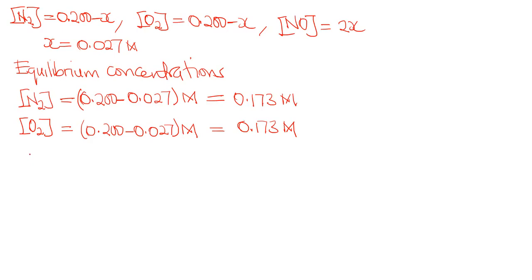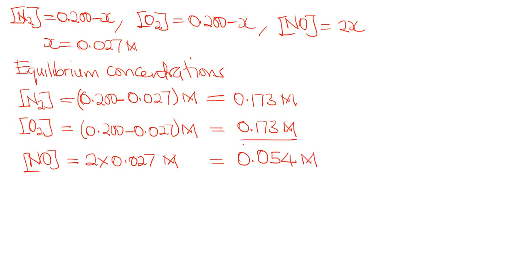While for nitrogen monoxide, the concentration is 2x, so that would be 2 times 0.027, which gives us 0.054 molar. So these ones are the equilibrium concentrations.